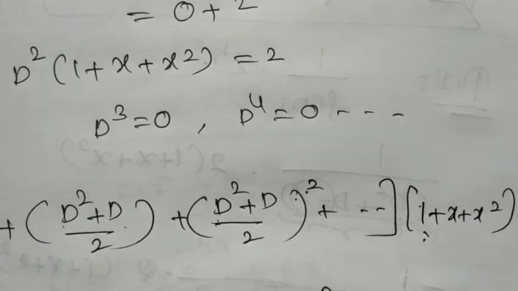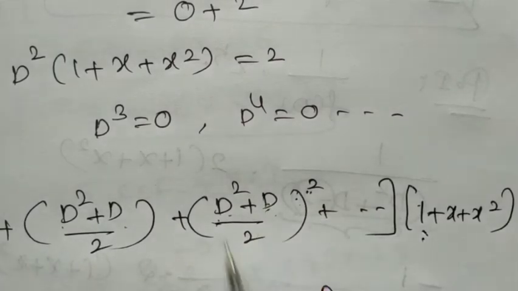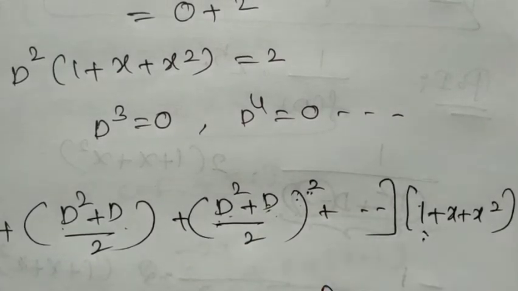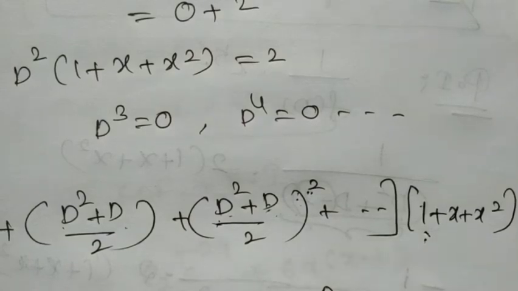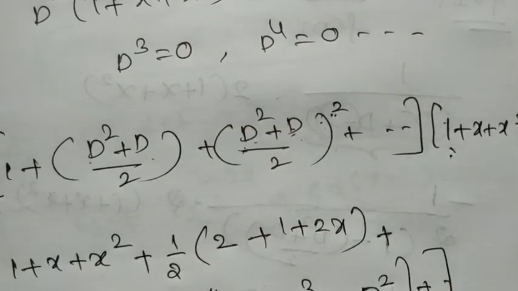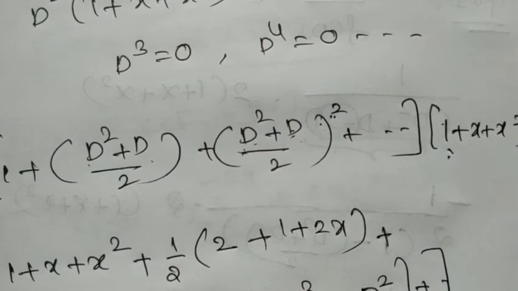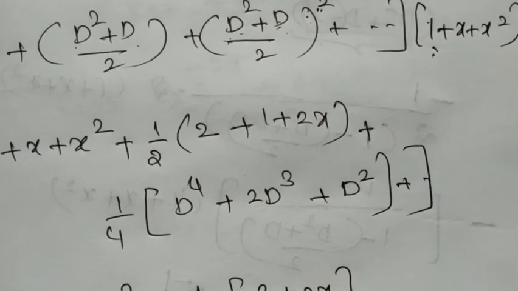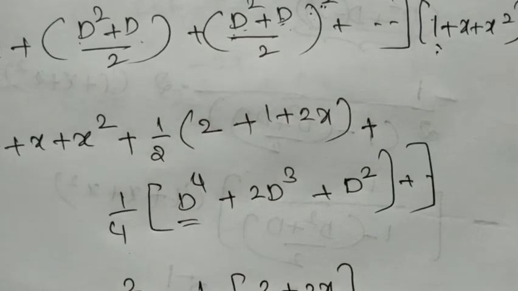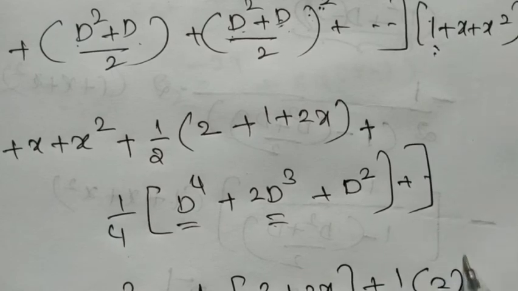By expanding 1 by 4 of, here d power 4 plus 2ab. So 2 into d cube plus d square. Okay. So here minus of 1 plus x square plus 1 by 2 of 3 plus 2x. So here d power 4 value 0, d cube value 0, 1 by 4 of d square value 2.